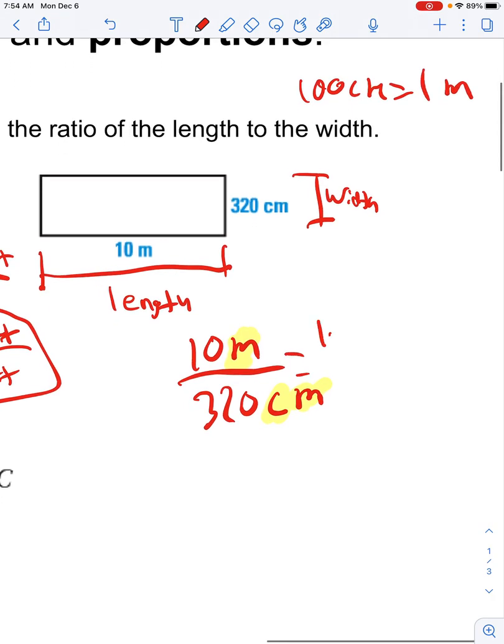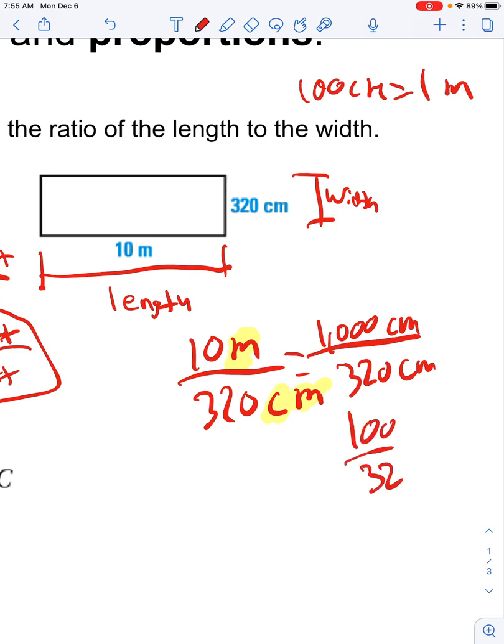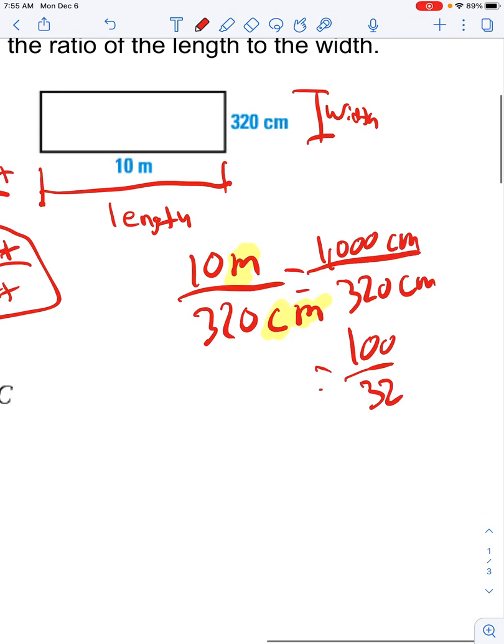So this would really be like saying 1,000 centimeters over 320 centimeters, which we could reduce to, see here, 100 over 32, which could be reduced as well. Divide it by 4. 25 over 8.